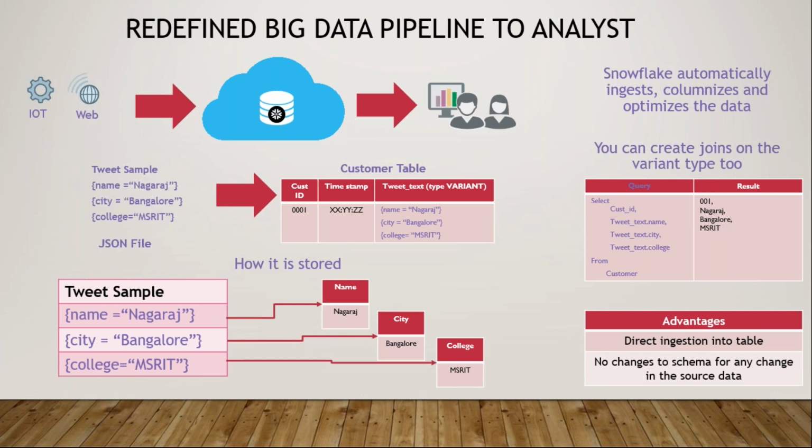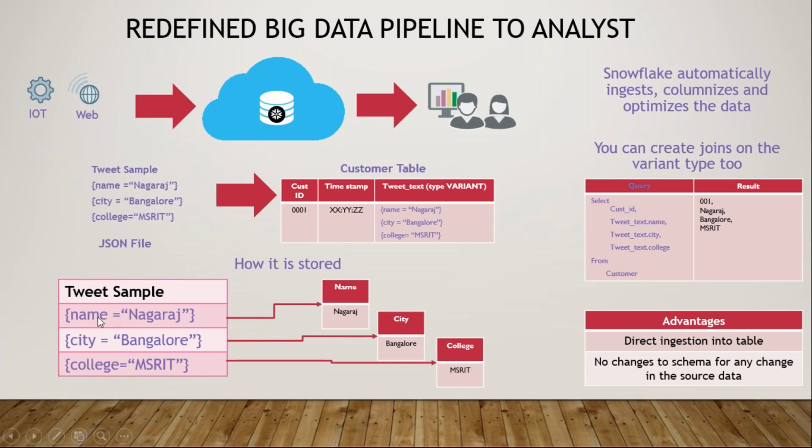Of course, I'm sure everybody is aware of row versus columnar storage. I'll talk a bit about row and column storage just before we move to the next slide, but let's finish this off first.